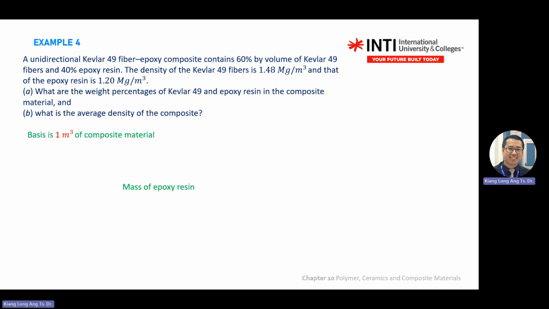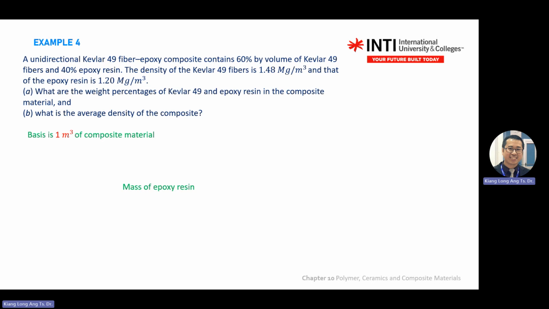You should be able to find how many meter cube of Kevlar and how many of epoxy. So you have 0.6 meter cube of Kevlar and 0.4 meter cube of epoxy. When you have volume and density, you are able to find the weight.